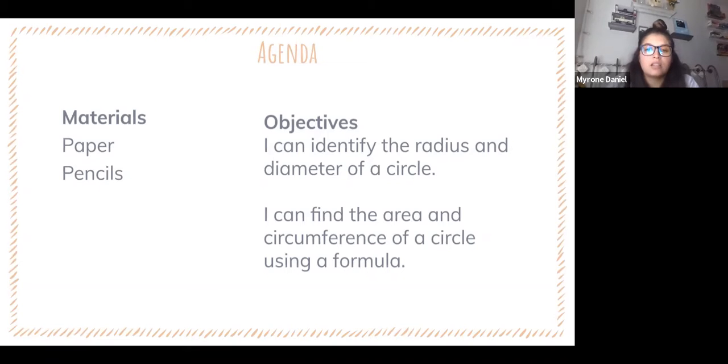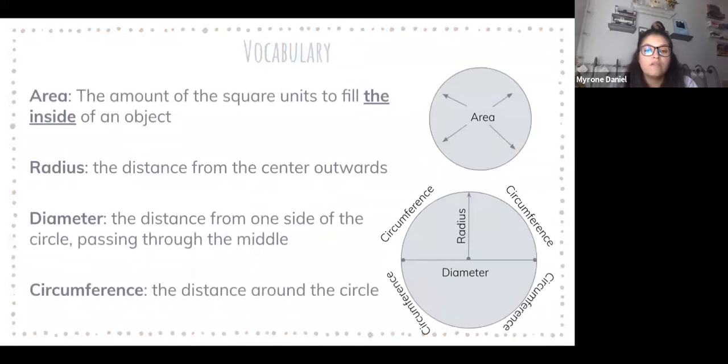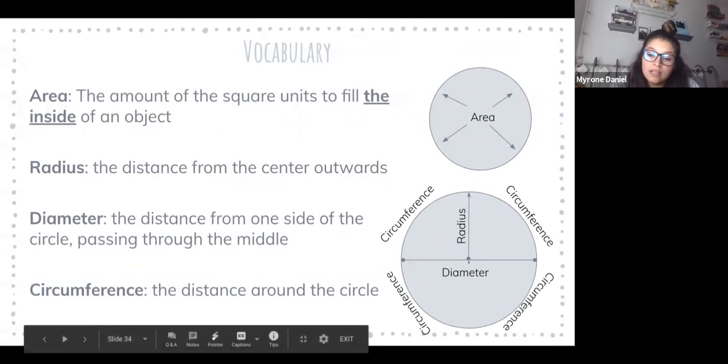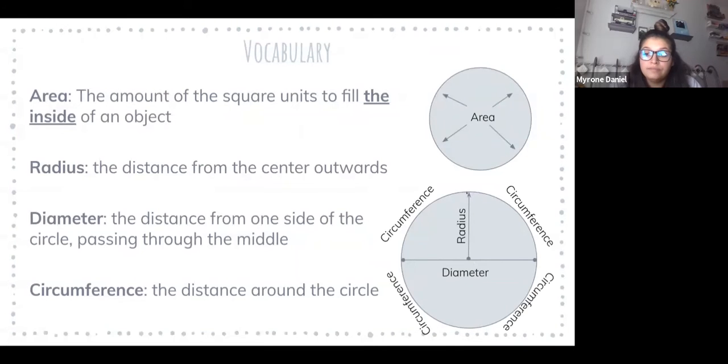Okay, so let's get started. This is our vocabulary. We have the area, which is the amount of square units to fill the inside of an object. Looking at this visual representation, that is the whole shaded area inside of the circle. The radius is the distance from the center outwards, from the center all the way to the outward point of the circle, not going out and not being any shorter.